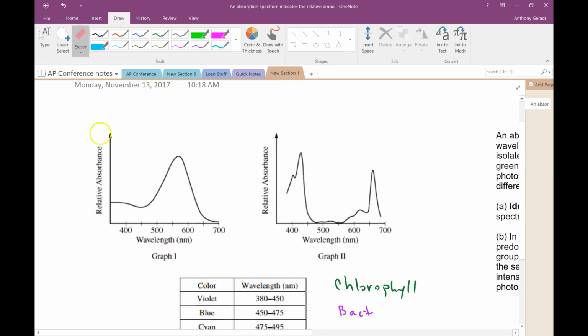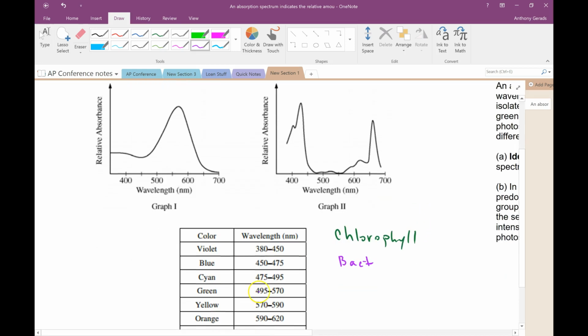Which one of these two do you think has to do with chlorophyll? So if it is green, is it going to be absorbing a lot of green light? No. It would actually be reflecting it. And so right here it says that green is going to be 495 to 570.